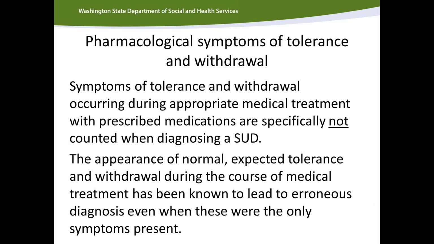One of the things that really has to be paid attention to here as well is in tolerance and withdrawal, those physiological symptoms: symptoms of tolerance and withdrawal that occur during appropriate medical treatment, such as opiate substitution treatment with prescribed medications, are specifically not counted when diagnosing a substance use disorder. So there are many substances to which people develop tolerance and from which they will experience withdrawal.